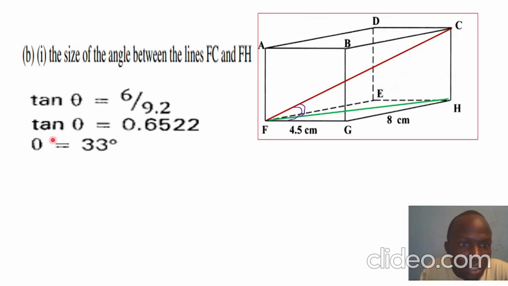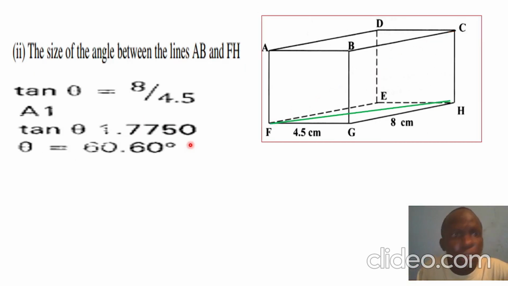Tan theta is equal to 6 divided by 9.2, which is 0.6522, and theta is equal to tan inverse. So when you want to get theta from the calculator, make sure first of all it is set in degrees, not in radians, and then you press shift, press tan, then you press these digits 0.6522, then press the equal key.